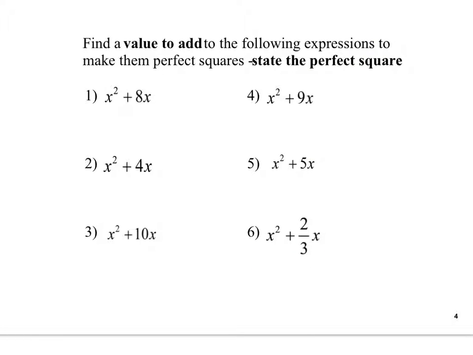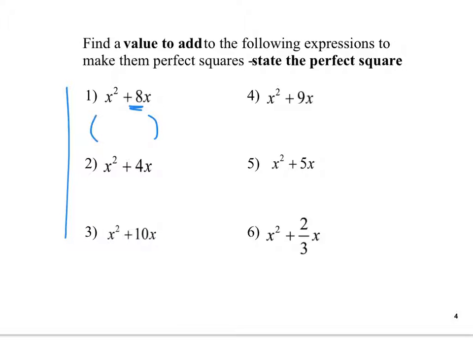So the first skill, I guess is the best way to say it, that you need to know is how to make a perfect square. Now, these are the major ones that we're going to be dealing with. To make this a perfect square, we take this number and divide it by 2.